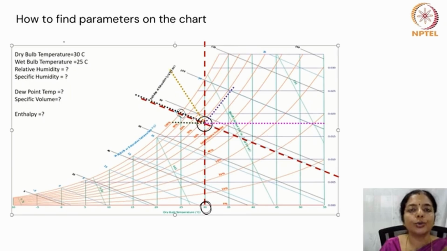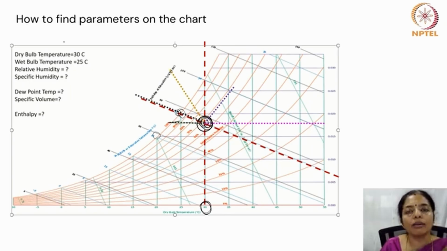Then what you should do is draw parallel lines on the given values of the parameter. Dry bulb temperature 30 degrees centigrade, wet bulb temperature 25 degrees centigrade. You find the intersection. So this is 20, this is 30. So this is the intersection.